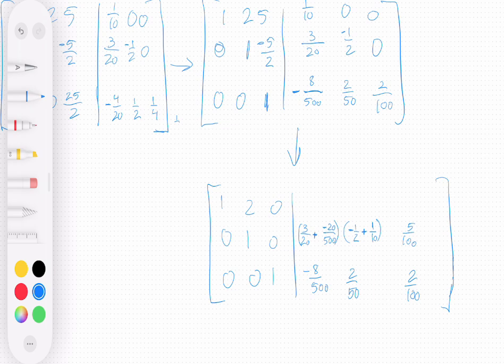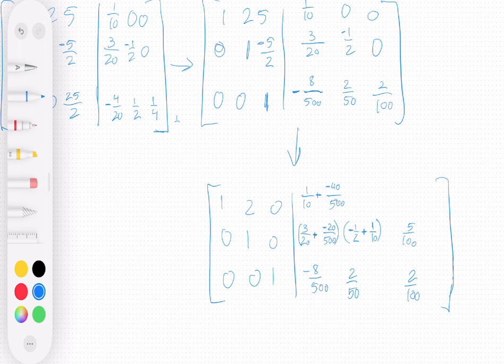And then above that, we did it plus 5 times, which will be much easier to calculate. So that'll be 1 over 10 plus negative 40 over 500. Oh my gosh. Over 500.